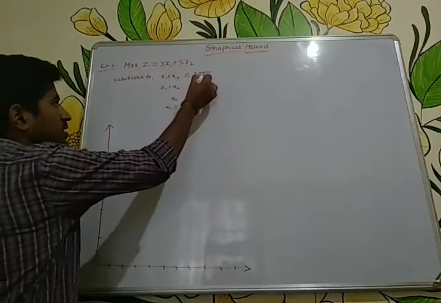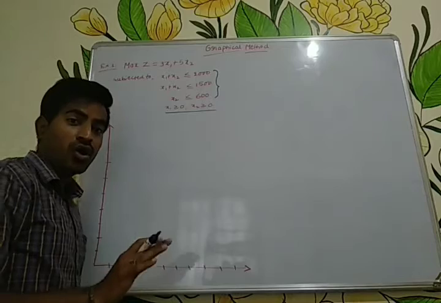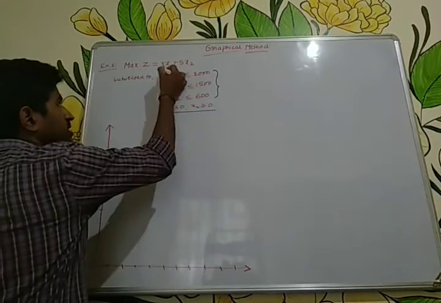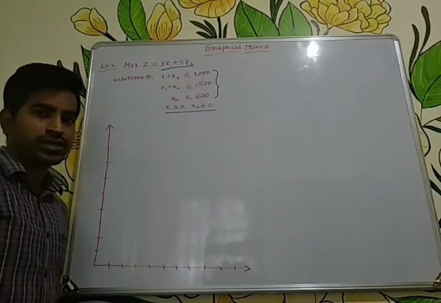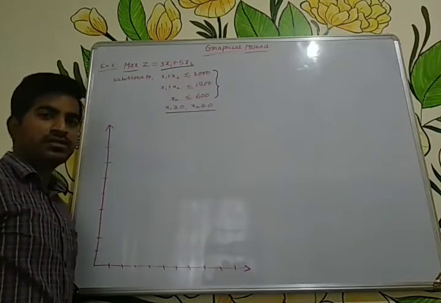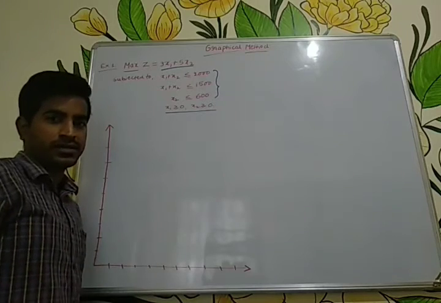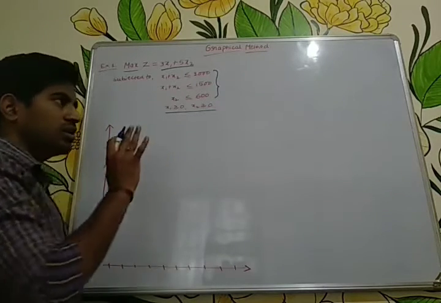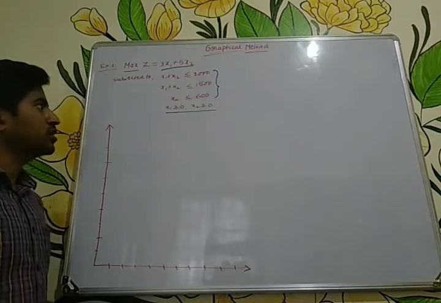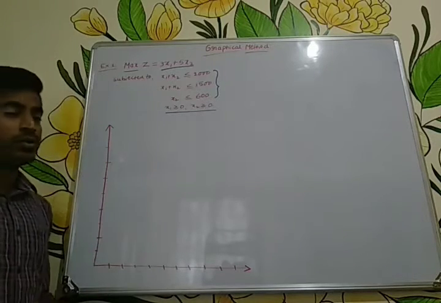Here are the constraints that are given, this is the non-negativity condition, and this is the objective function. Remember, maximize means it is all about the profit. We have to maximize it.